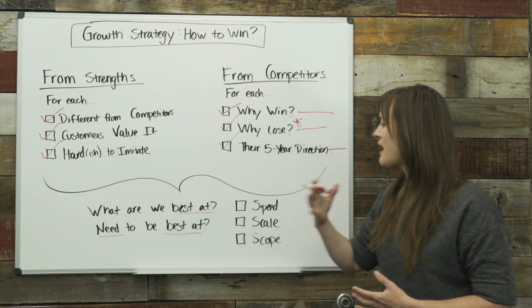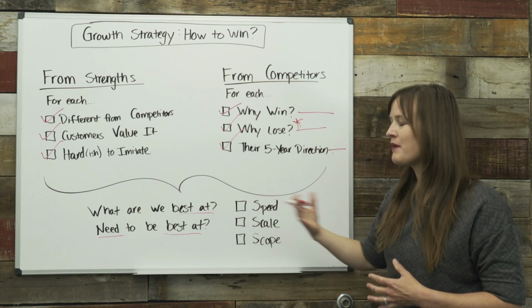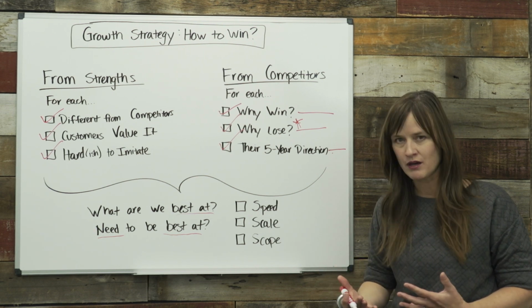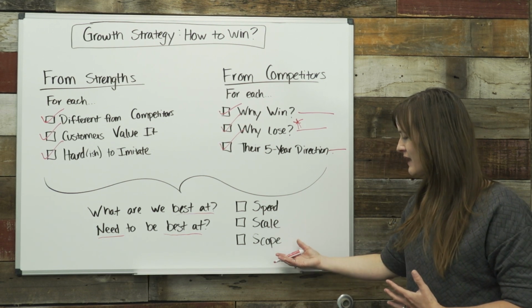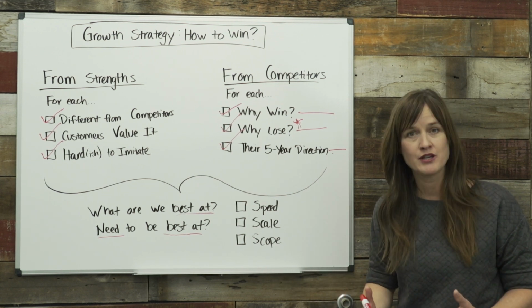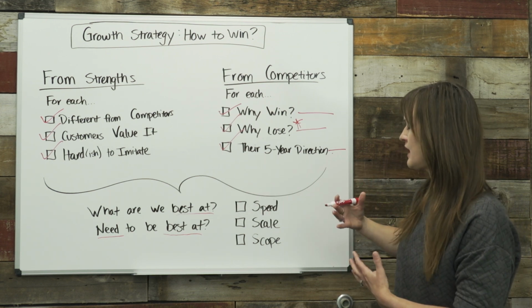If you zoom all the way back out, we're trying to answer the question, how will we win? We win by being best at something, better than our competitors, and driving value to our customers. When you look at it, there are 3 different ways that you can be differentiated, or 3 different ways that you can win if you were to summarize all this and stand back and look at it.